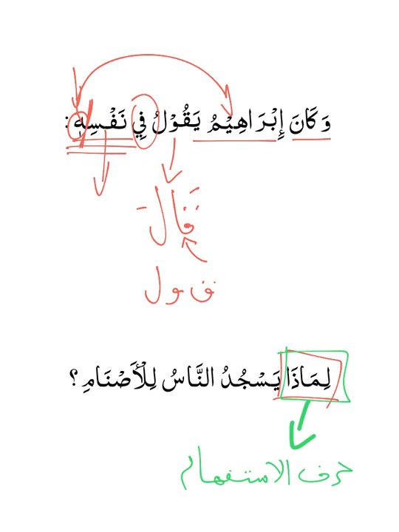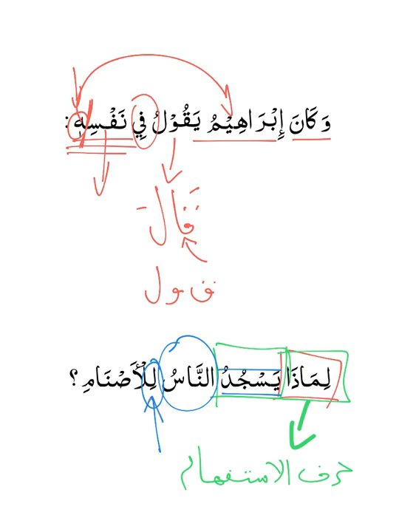A particle which you use to ask questions. Yasjudu, as you know, very straightforward, it's a fa'l. It's a mudari', it's number 1. Bab nasara yansuru, pattern of the first one of each, sajada yasjudu, and it's sahih. Sajada is sahih. An-nas is a noun because it's got alif lam.